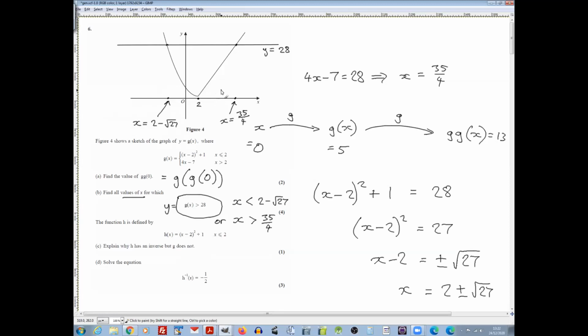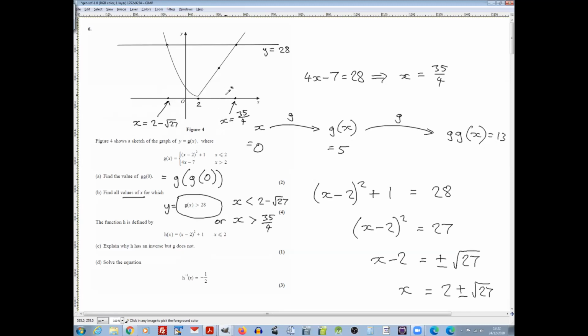Because this isn't a function, this has only got one y value for each x value. There are no other y values anywhere for that same x value, so that's okay. But it hasn't got an inverse.